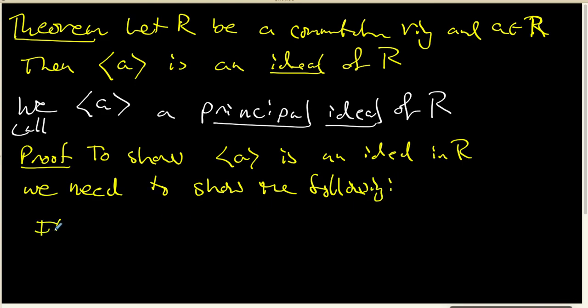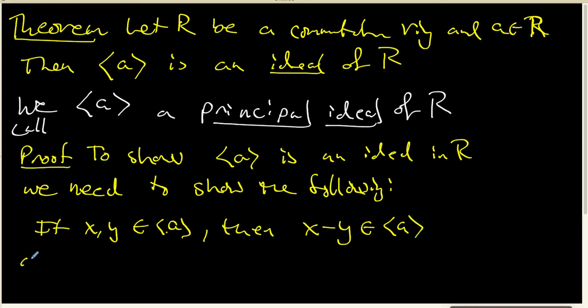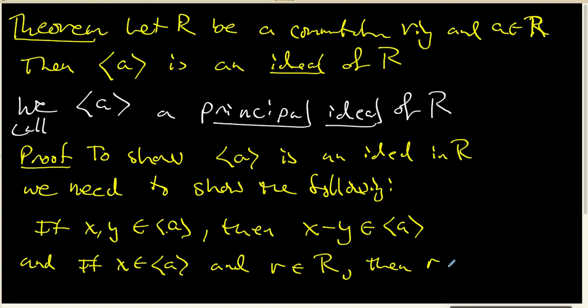We need to say that if I take two elements inside the set generated by A, then their difference belongs to that set generated by A. And if we let X be some element of the set generated by A, and R is just any element inside the ring R, we need to show that R times X, which is going to be equal to X times R because the ring is commutative, also belongs to our subset.